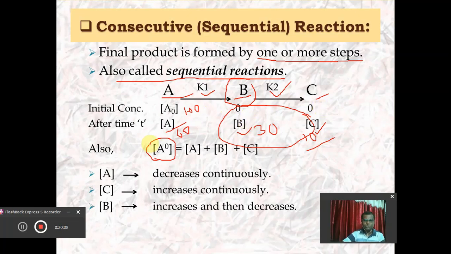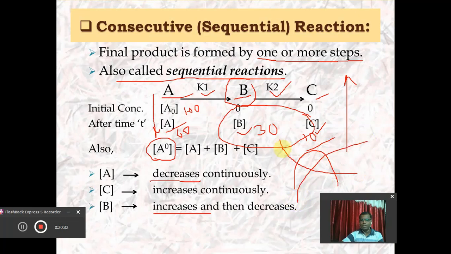As the reaction proceeds, the concentration of A decreases continuously, the concentration of C increases continuously, while the concentration of intermediate initially increases and then decreases. This is the graph that you will come to: the concentration of A continuously decreases, the concentration of product continuously increases, and the concentration of intermediate increases and then decreases.